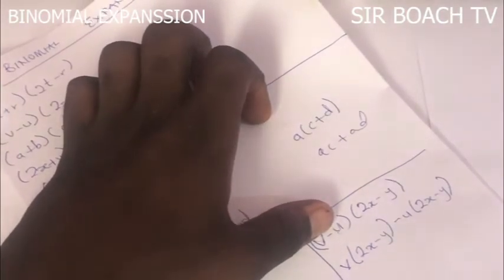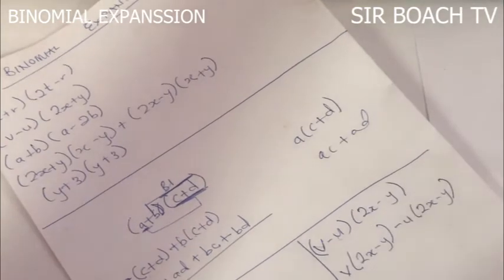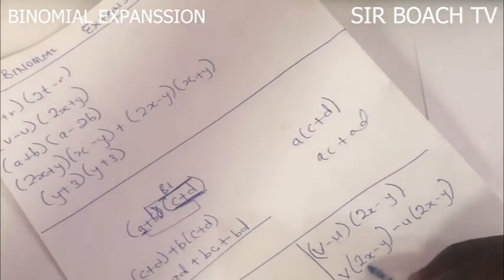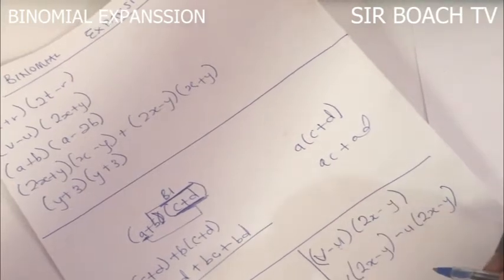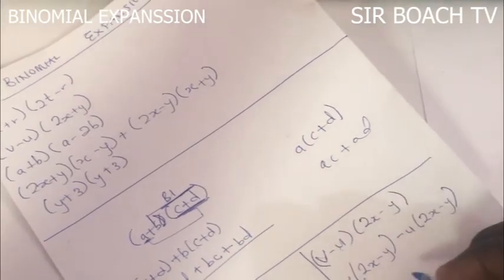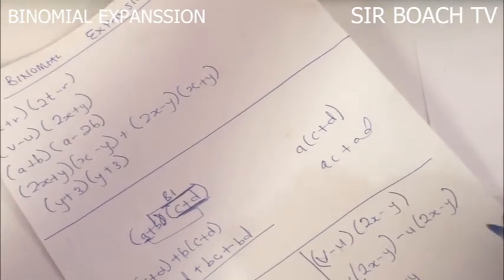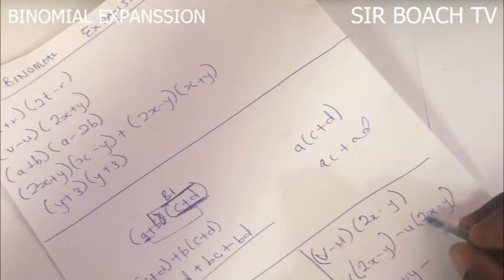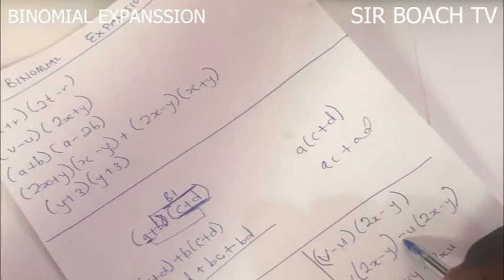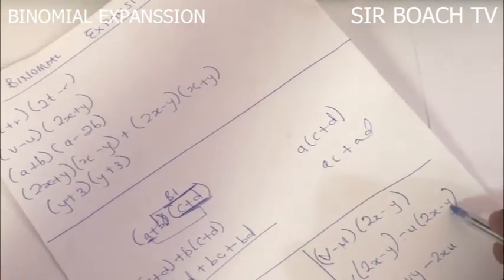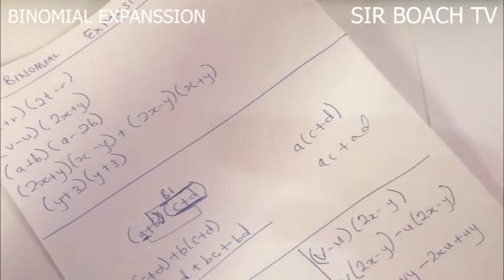Then we just go ahead to simplify. So v times 2x will give you 2xv. Then v times minus y will give you minus vy, or yv, anyhow you write it. Minus u times 2x will give you minus 2xu. Then minus u times minus y will give you plus uy.